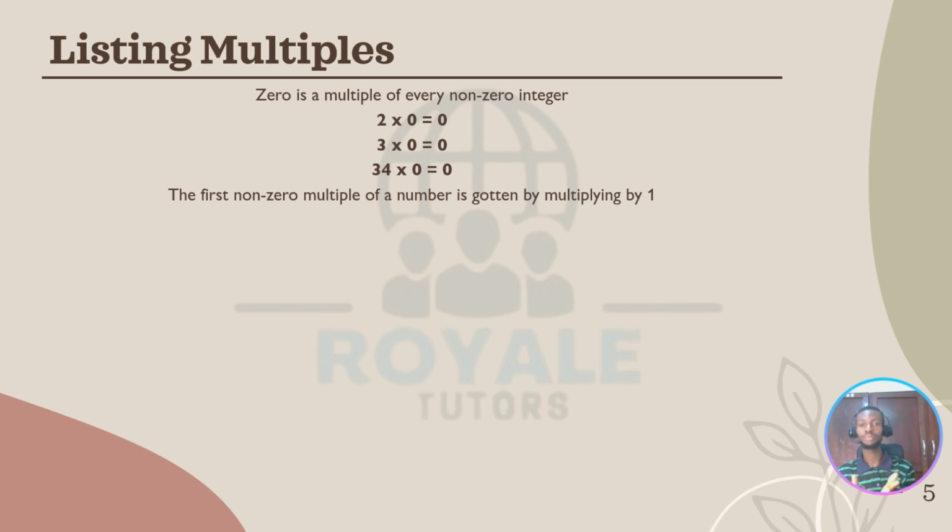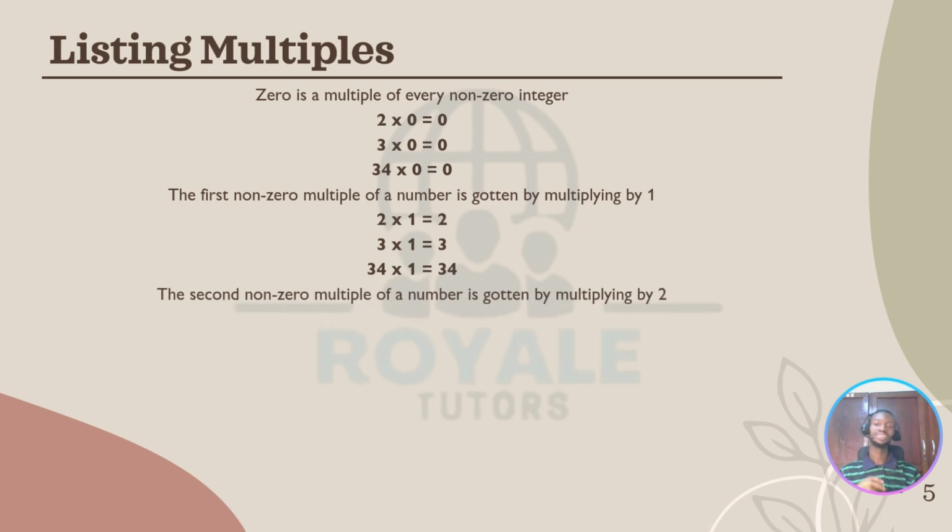We generated the 0 multiples of 2, of 3 and of 34. Now we want to generate our first non-zero multiple, which is generated by multiplying by 1. So 2 times 1 is 2, 3 times 1 is 3, then 34 times 1 is 34.